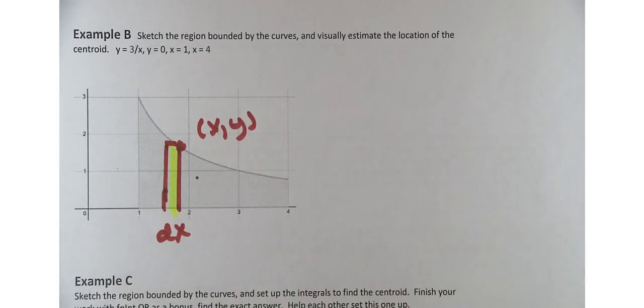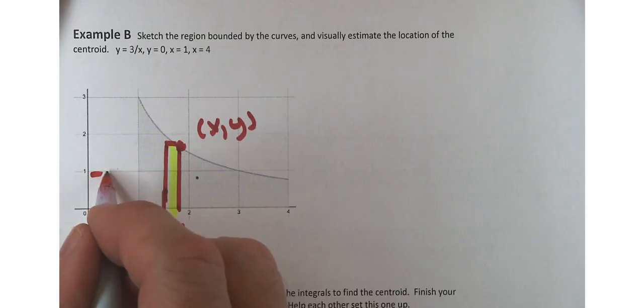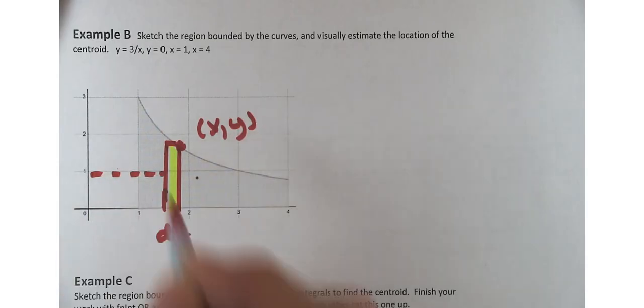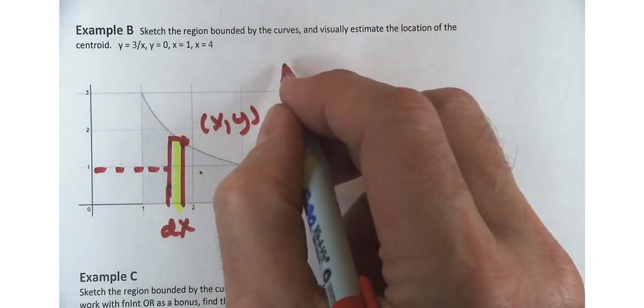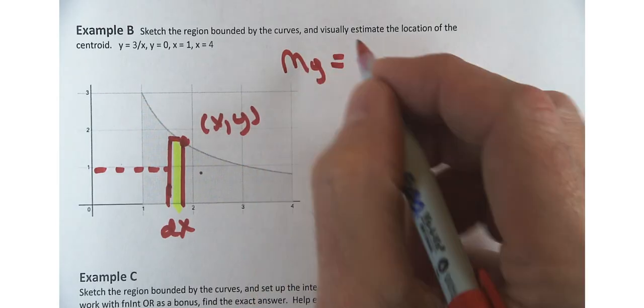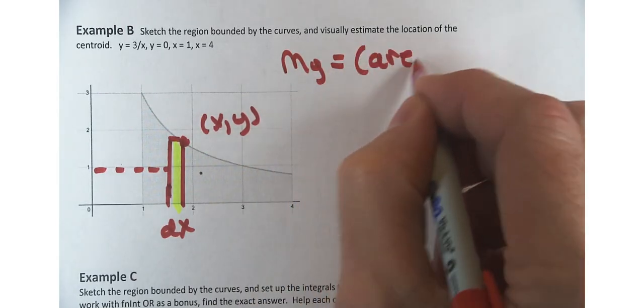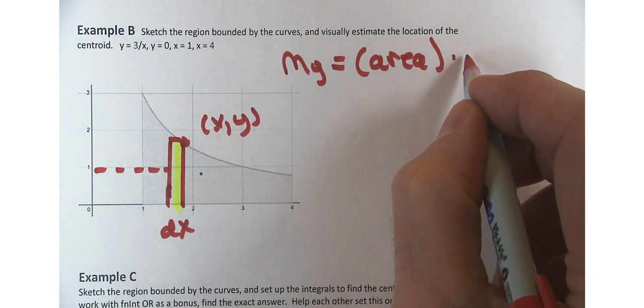To find the force that this exerts around the y-axis, I need to know a couple of things. One of those is the distance, and I'll draw that distance here. So the moment around the y-axis is going to be the area times the distance to the y-axis.